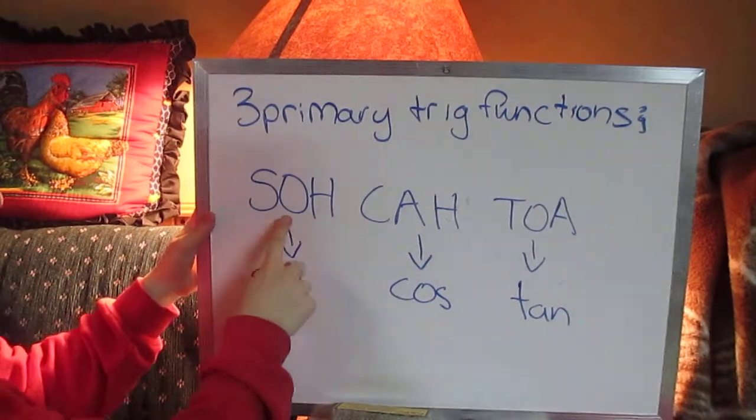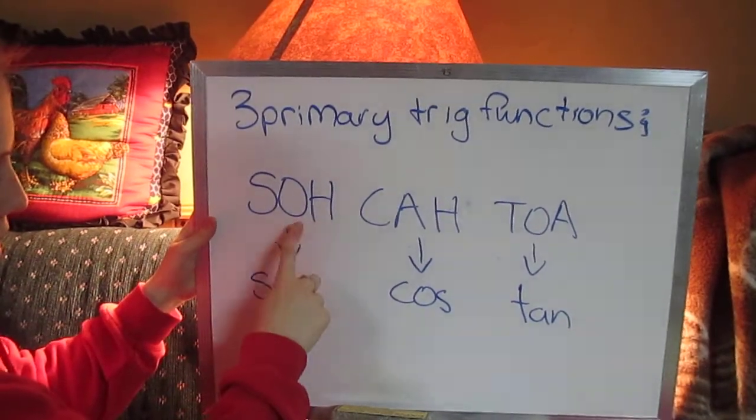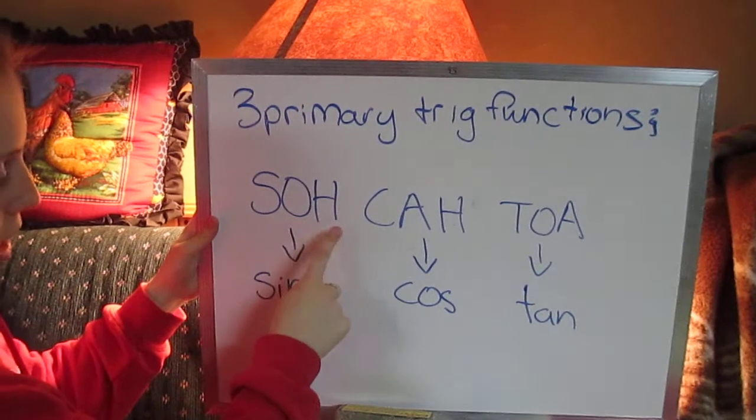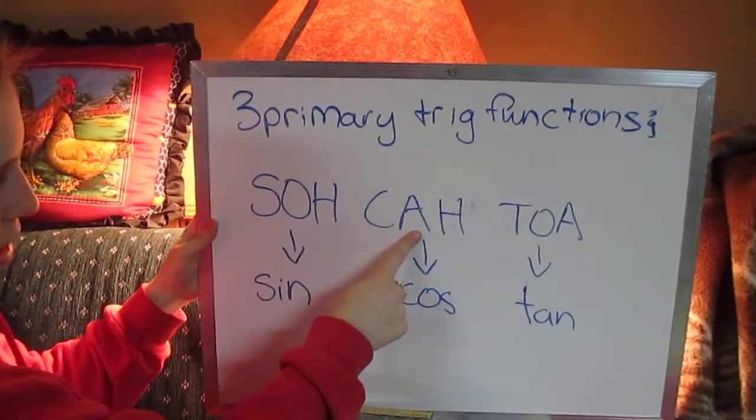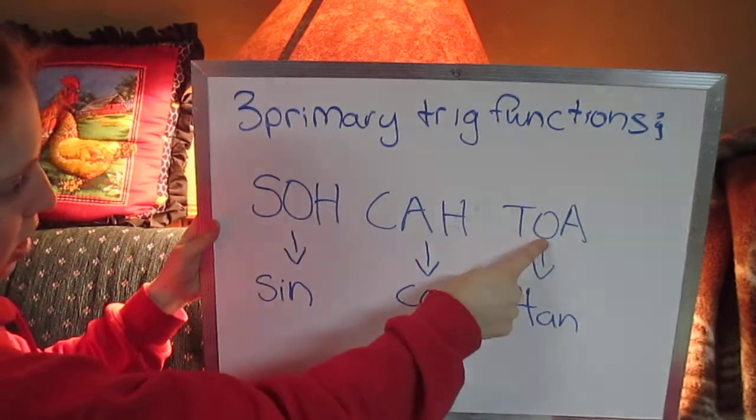Each of these stands for the sides of a triangle: so opposite, hypotenuse, adjacent, hypotenuse, opposite, and adjacent.